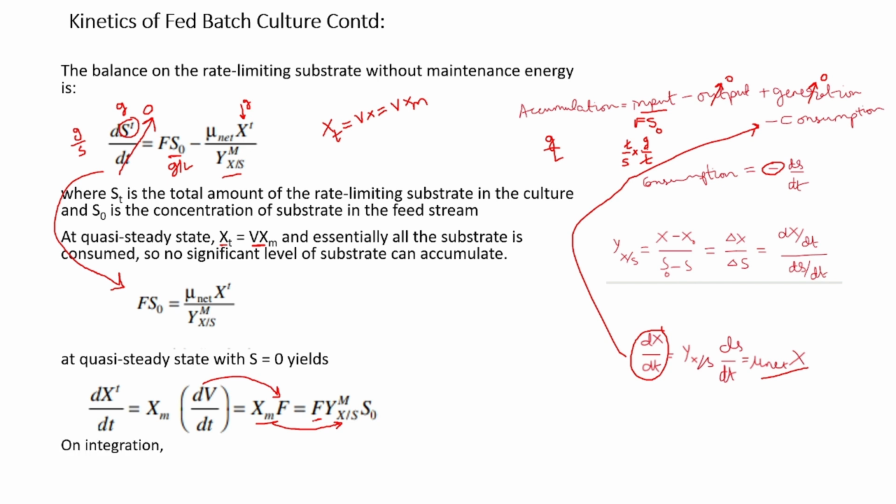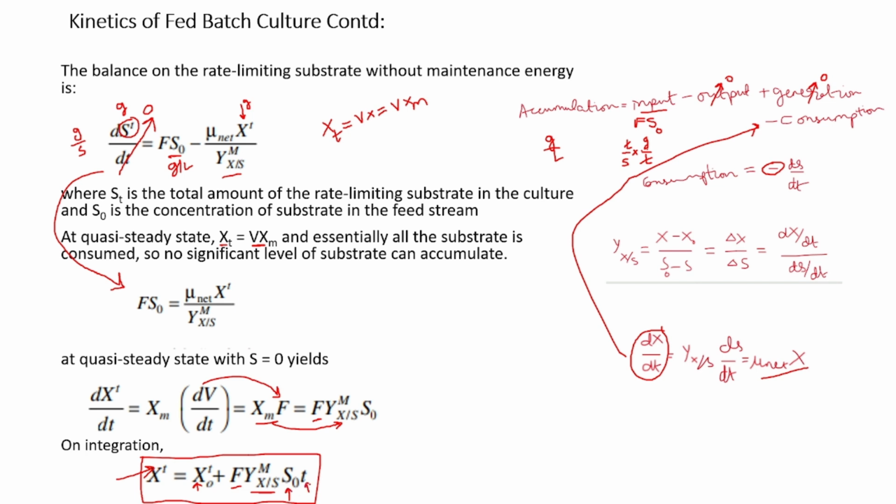Now if we integrate this expression, we get Xt is equal to Xt0 plus F Y_XS S0 into t. So this is very important. Here on the left hand side, this is the final amount of biomass Xt, equal to the initial amount of biomass Xt0 plus flow rate multiplied by the yield coefficient, the initial substrate concentration, and the time.